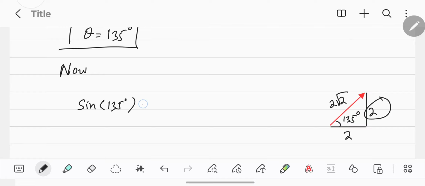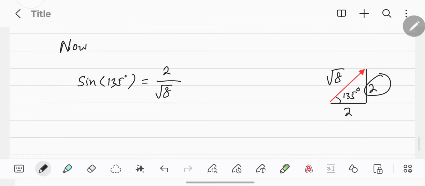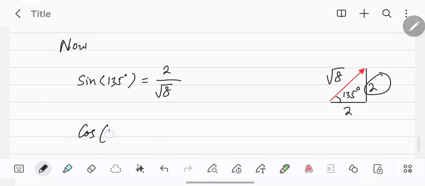So sine of 135 is 2 by 2 square root 2. Okay, just write it as square root 8. No need to write in this way. Similarly, cosine of 135 degrees is equal to this divided by this, which is again 2 by square root 8.